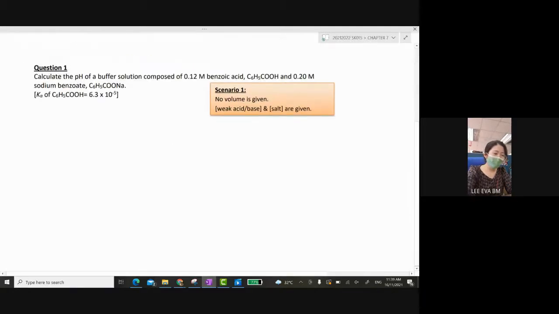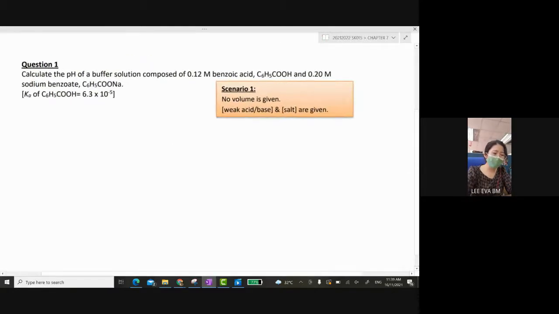Okay, the first example here is quite straightforward. We start with the easiest one. This is the first scenario: no volume is given, but there are concentrations of your weak acid or weak base, and the salt. Let's look at this question.